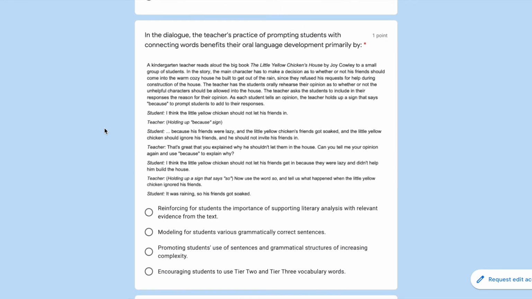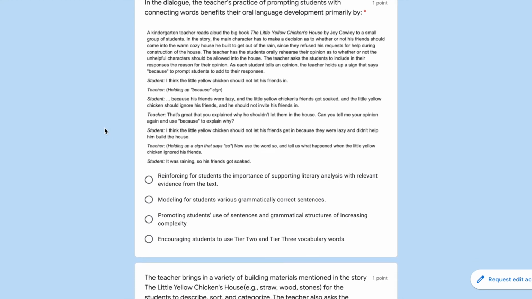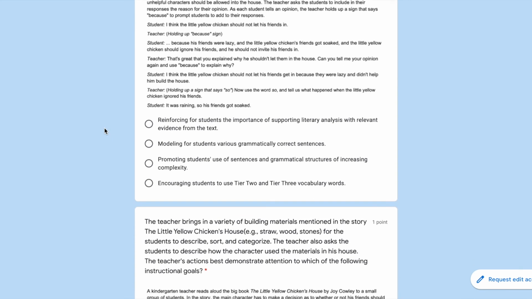Here we have a dialogue, and in this dialogue, the teacher's practice of prompting students with connecting words benefits their oral language development primarily by, is it A, reinforcing for students the importance of supporting literary analysis with relevant evidence from the text, B, modeling for students various grammatical correct sentences, C, promoting students' use of sentences and grammatical structures of increasing complexity, or D, encouraging students to use Tier 2 and Tier 3 vocabulary words.